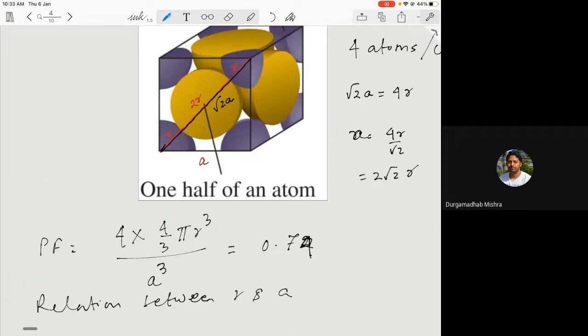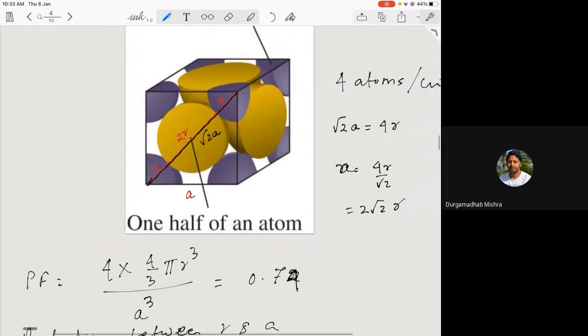So you can calculate this packing fraction using this formula. What we are assuming is that the atoms are actually really touching each other very closely. That is why we can say this is R, this is R, R and R that we can make here.